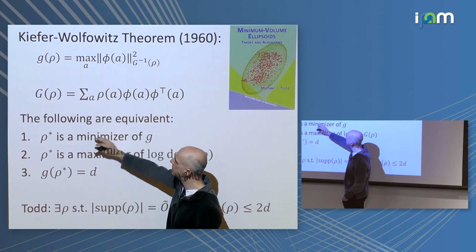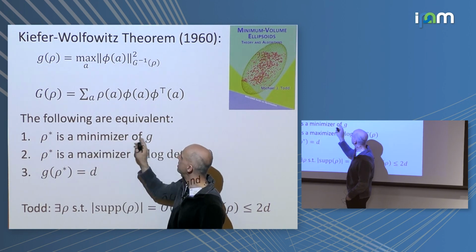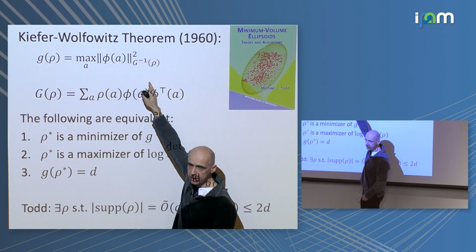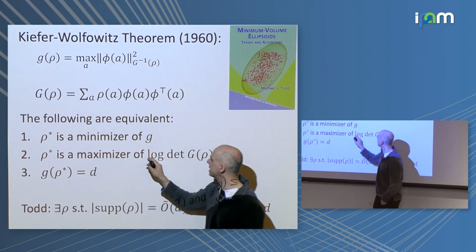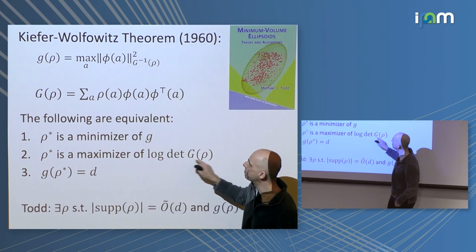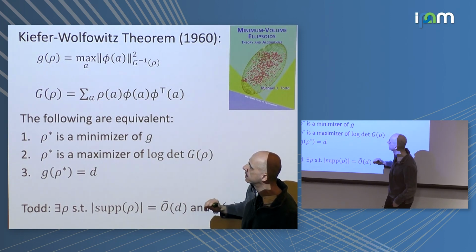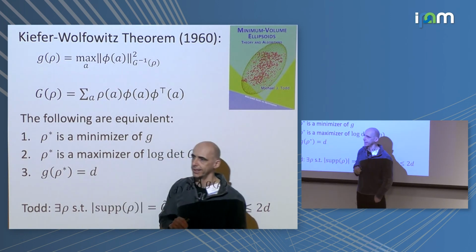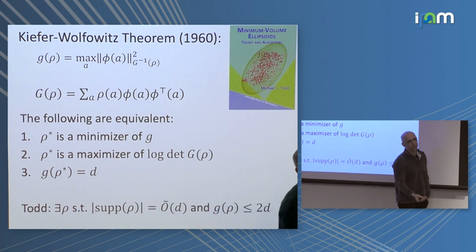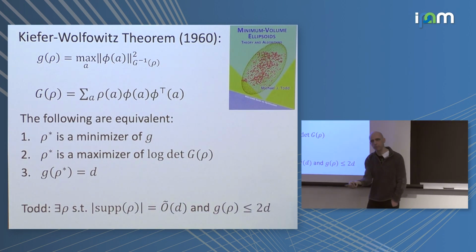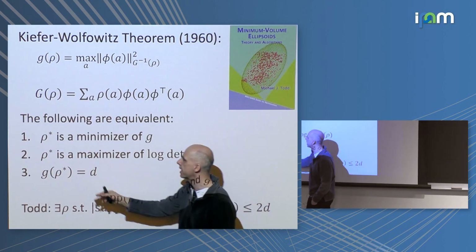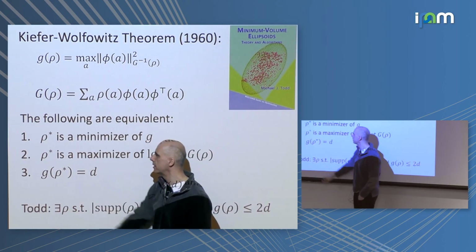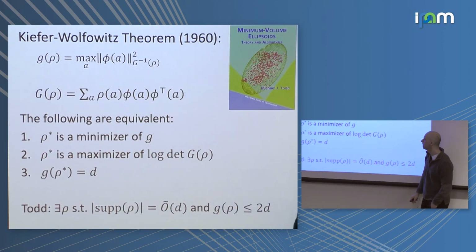If you choose a distribution, rho star is a minimizer of the worst precision. Rho star is a maximizer of the log determinant of this design matrix. And the value of g at rho star is d. So what's cool about this is that it gives you the blow-up factor. That's exactly the square root of g of rho star.